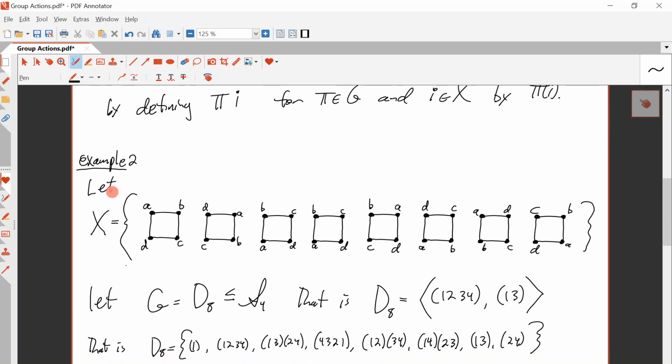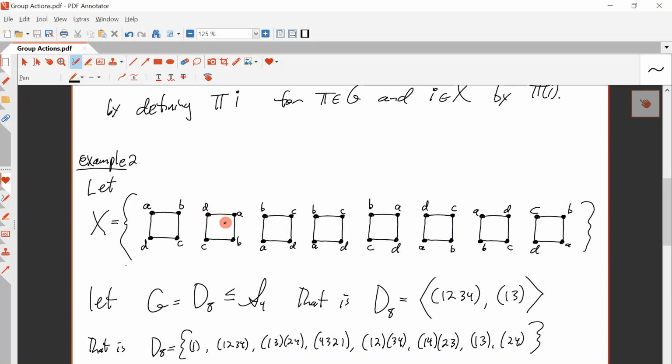Now, when you give X some geometric structure, things become more interesting. And this is the main type of example I'd like to go over. Let X be the set of these vertex-labeled squares. So how did I get these vertex labels? I took the square and just named the vertices A, B, C, D, and then I applied all of the dihedral symmetries to it.